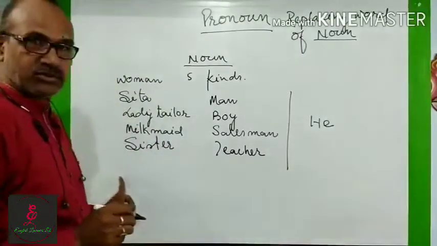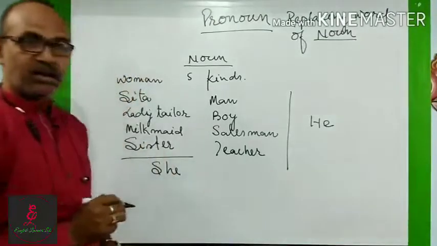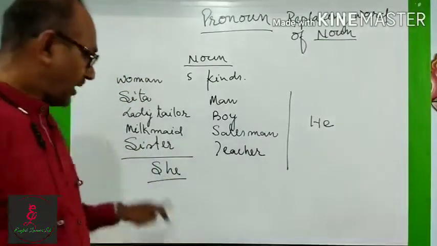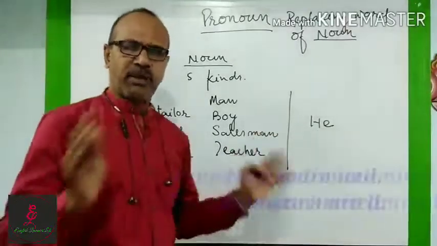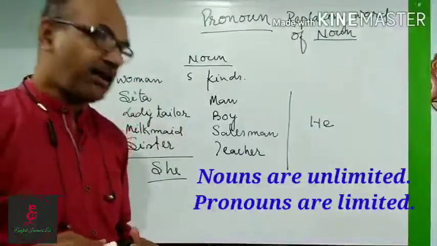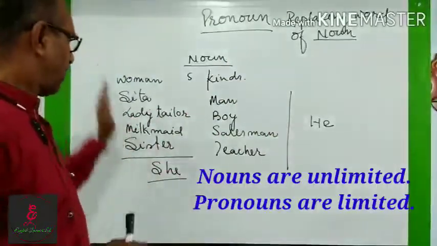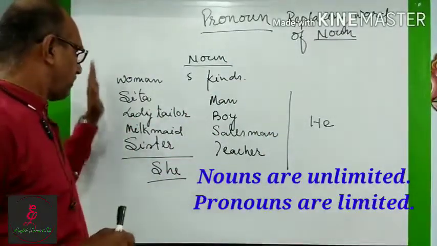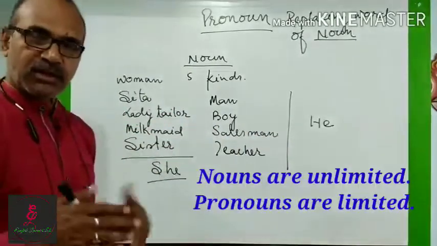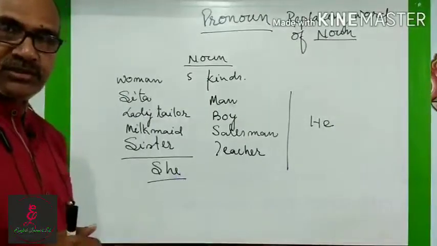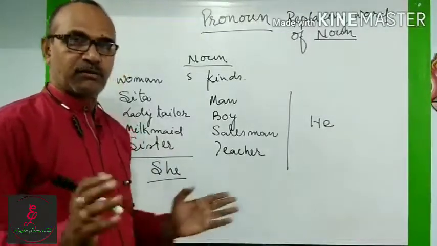All these are nouns, and for these we use a common word, that is she, and these words are called pronouns. As nouns are many, several, unlimited, but these pronouns are limited, because for so many masculine and so many feminine we use he or she. The same way there are some common genders, and for them there are some other words we use as pronouns.